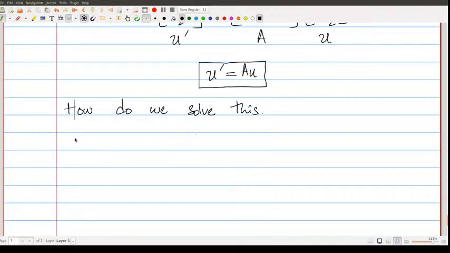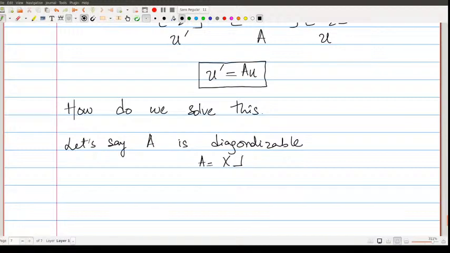We're hoping, let's say again, this is an application of diagonalization. So let's say A is diagonalizable, which means A can be written as X lambda X inverse. Okay, what does that give us?